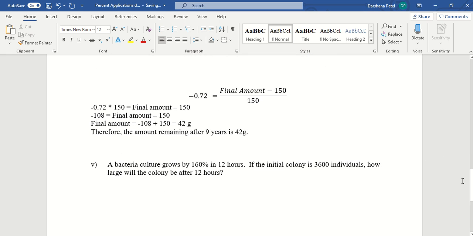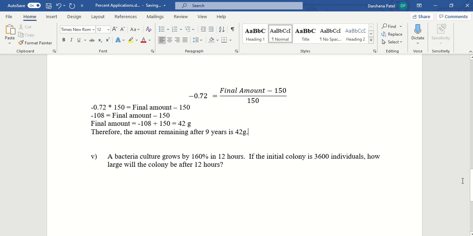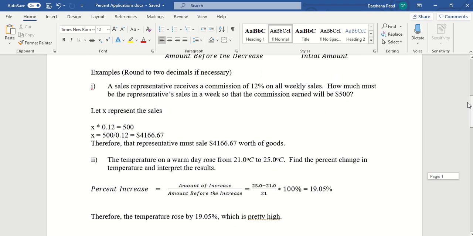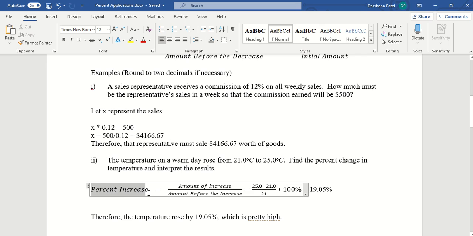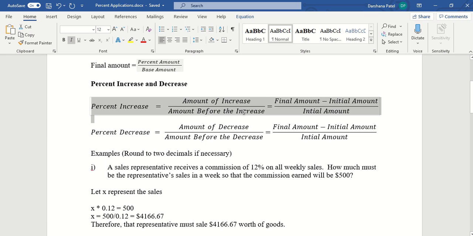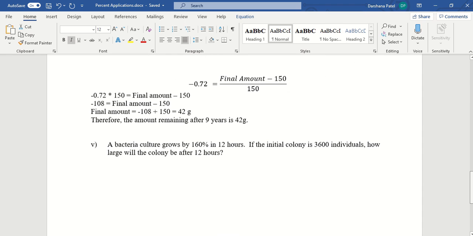Let's see one more. A bacteria culture grows by 160% in 12 hours. If the initial colony has 3600 individuals, how large will the colony be after 12 hours? It's increased by 160%. So let's use the formula for percent increase again. Percent increase is amount of increase divided by amount before the increase.